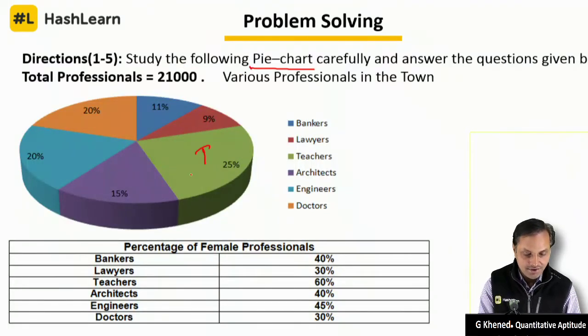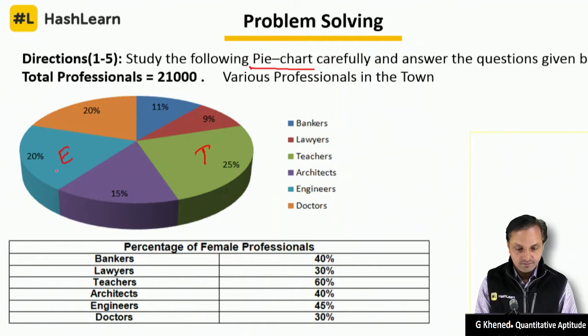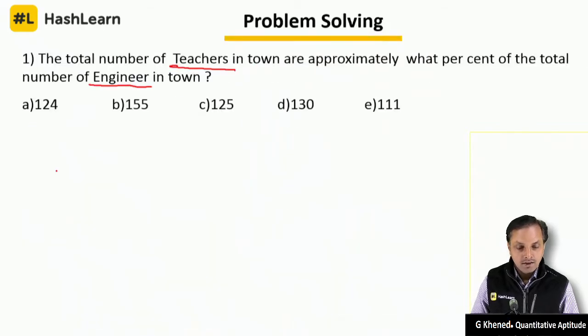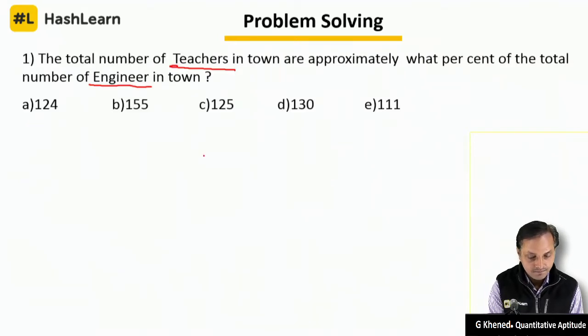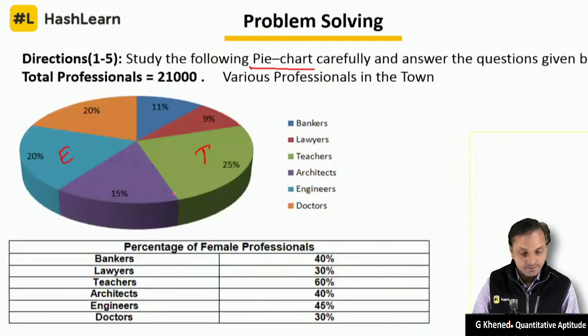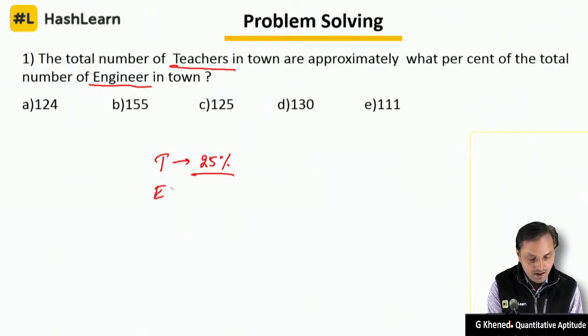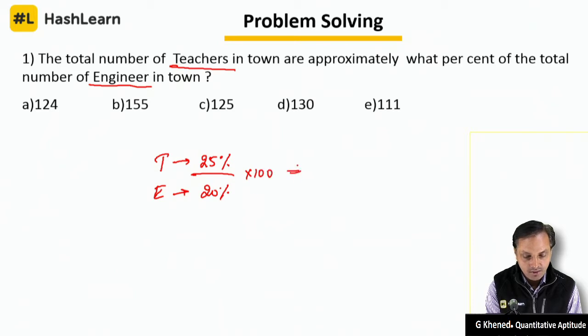This is your teachers and this is your engineers. So teachers are 25%, and the engineers are 20%, into 100.